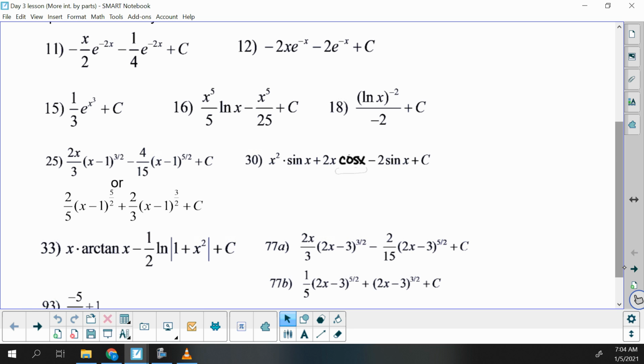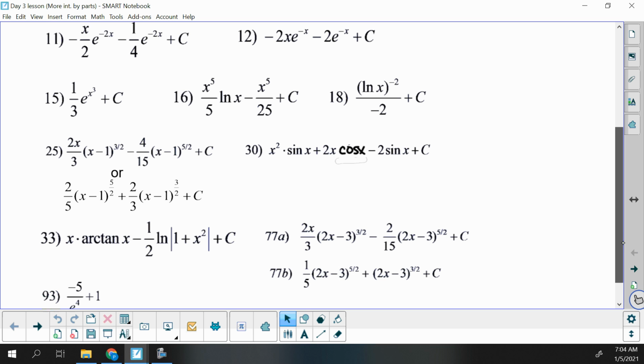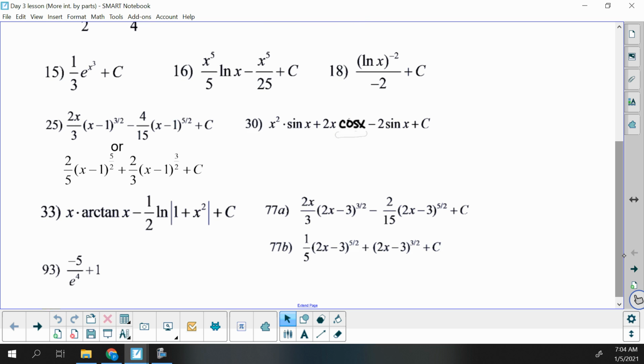Here's some of your homework solutions, so you can pause it at this point. Check your answers, and I'll scroll down in a couple seconds to get that last one. So again, you can pause, check all your answers, and then I will pause for about 10 seconds on each of the worked out solutions.